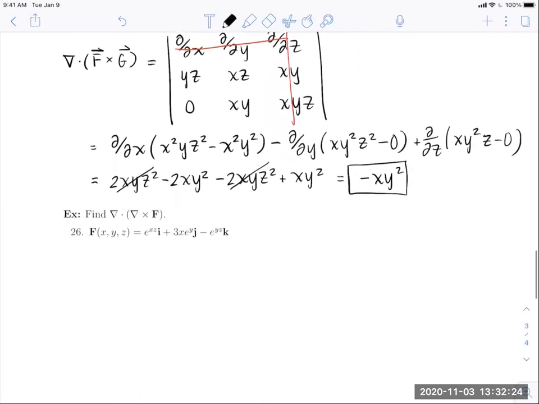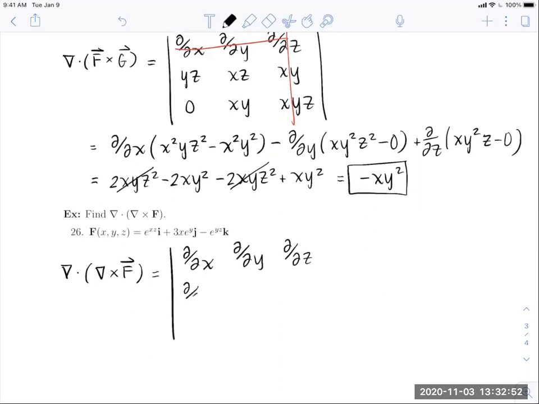26 is a similar problem. Here we're doing del dot del cross f. So I'm going to continue on with the same approach where I'm just going to do the scalar triple product in one fell swoop. I want del dot del cross f. So my first and second rows are going to be the partials in each coordinate.